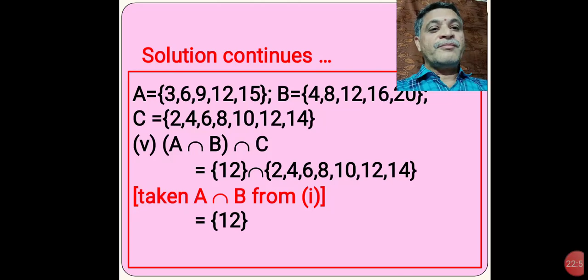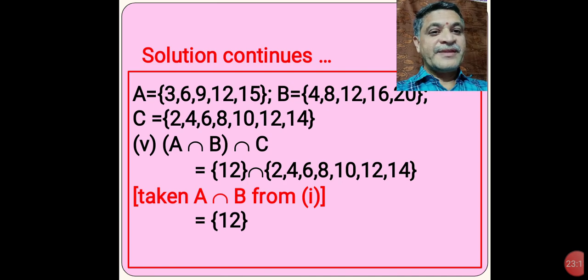Now again go to fifth problem. A intersection B intersection C. Now we take A intersection B from the first problem. We got A intersection B is {12} and C is {2, 4, 6, 8, 10, 12, 14}. There is only one common element, 12, in both sets. You write 12.